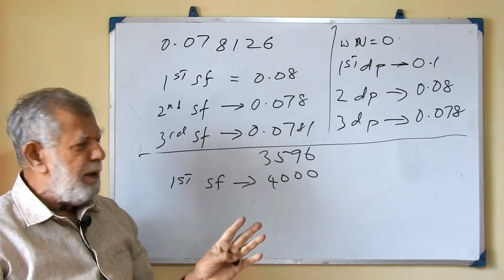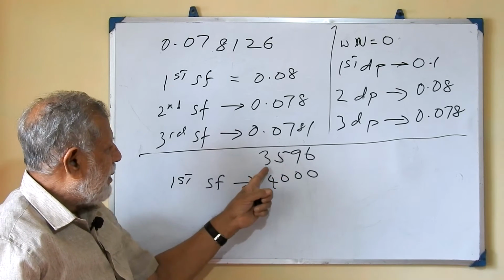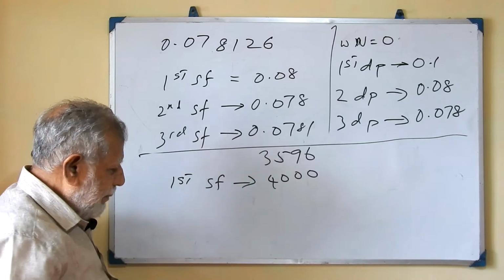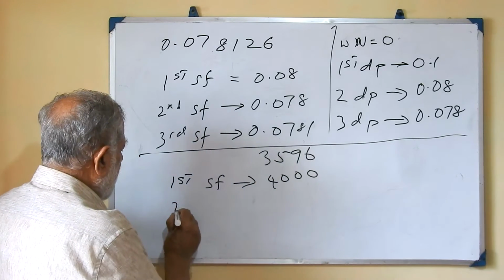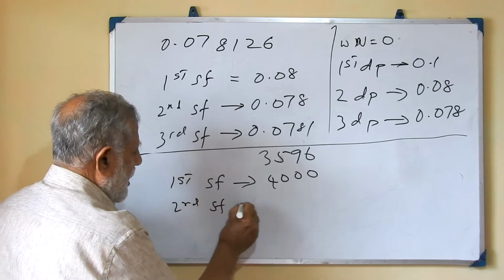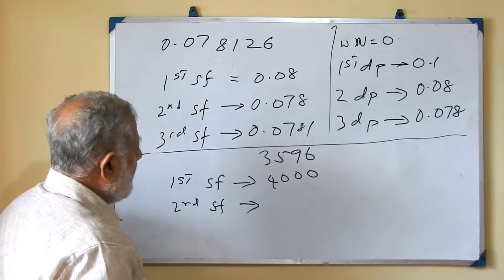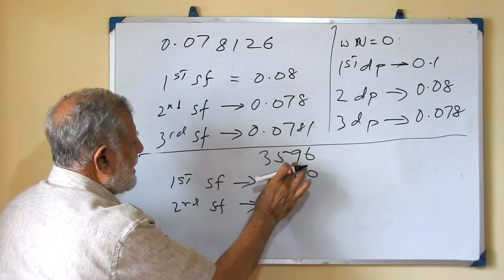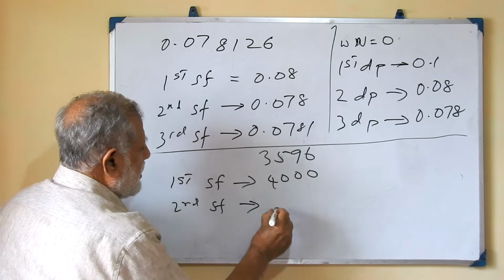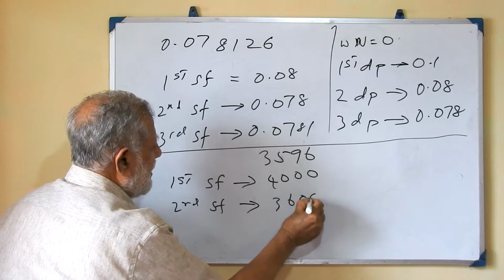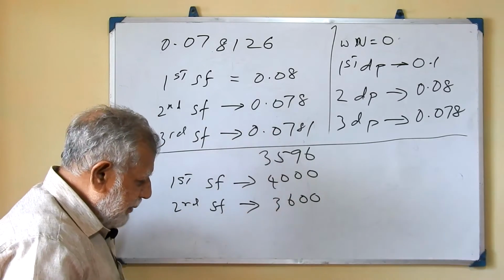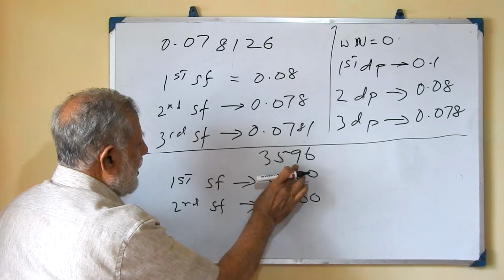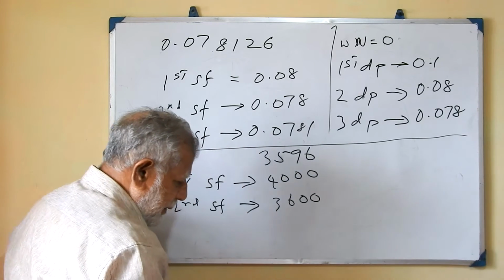So we have to have all those numbers there. So for the first significant figure, the answer will be 4000. For the second significant figure, the next number is 9, so add 1 to this. So the answer is 3600.